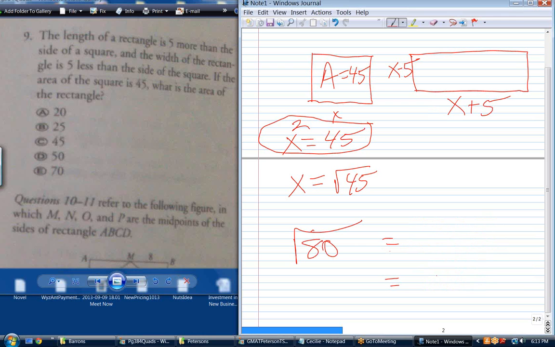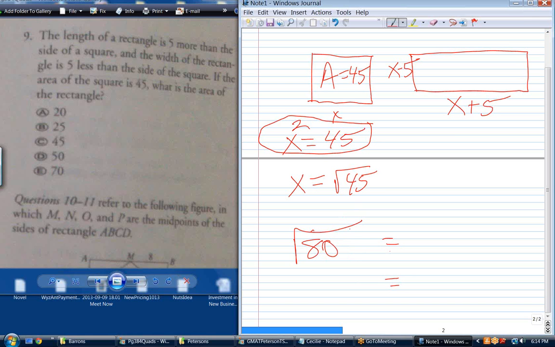That's 40 times 2. But 40 is not a perfect square. In other words, that wouldn't advance the situation very much. In order to simplify radicals, we want to take perfect squares out of that.